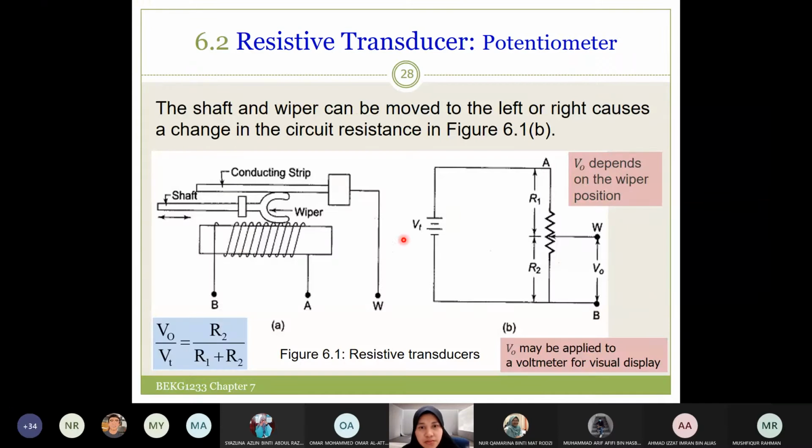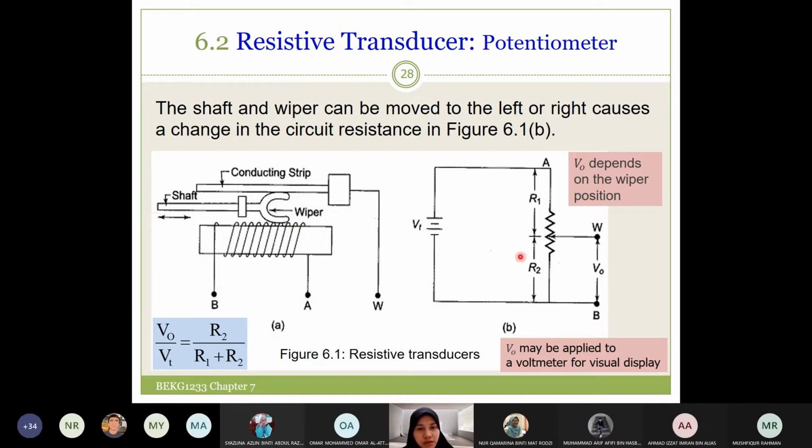Okay, so this is potentiometer. The shaft and wiper can be moved to the left or right. This is shaft. It can be moved to the right or to the left, causing a change in the circuit resistance.